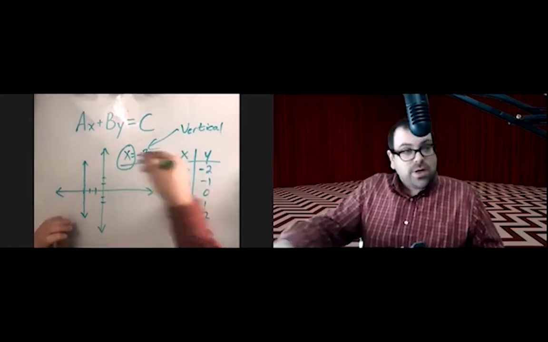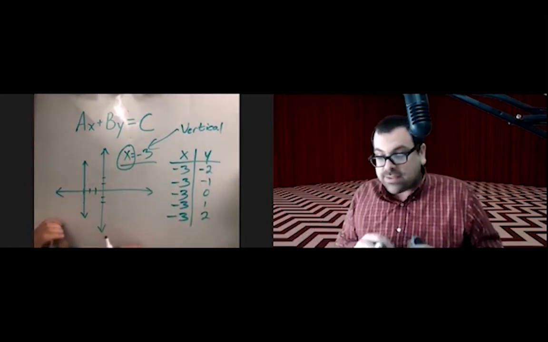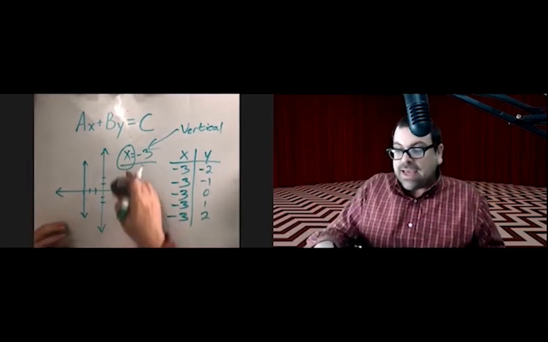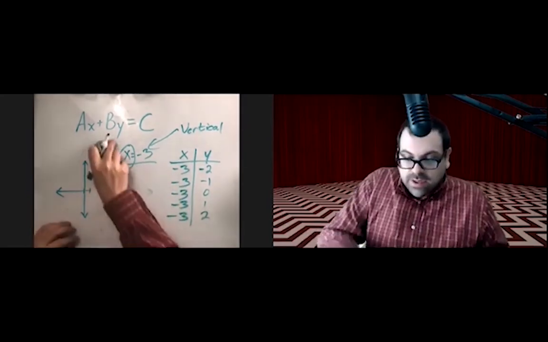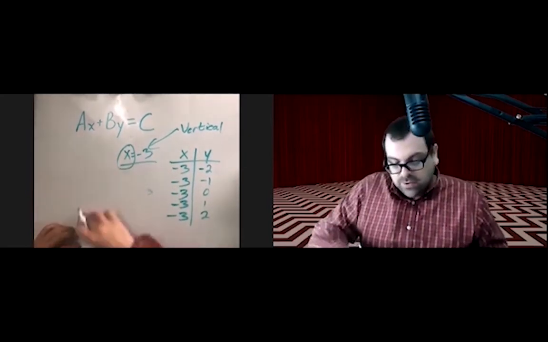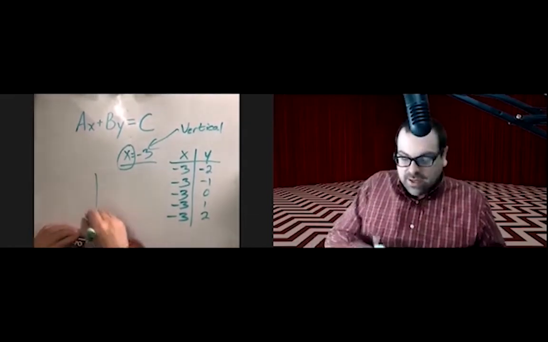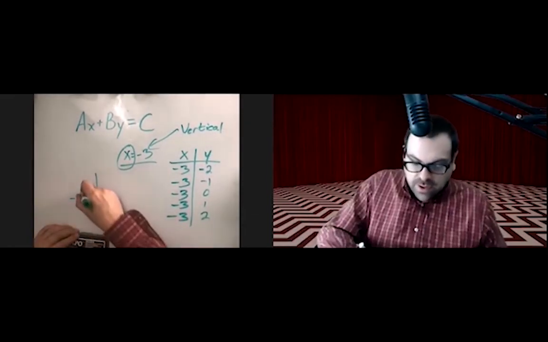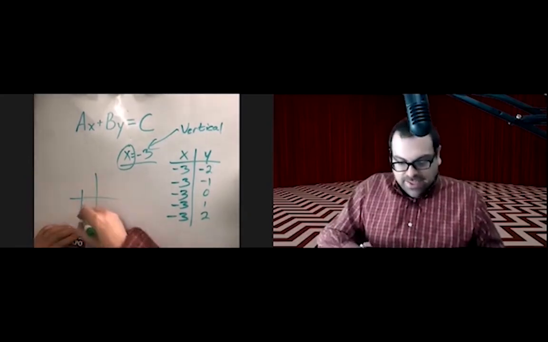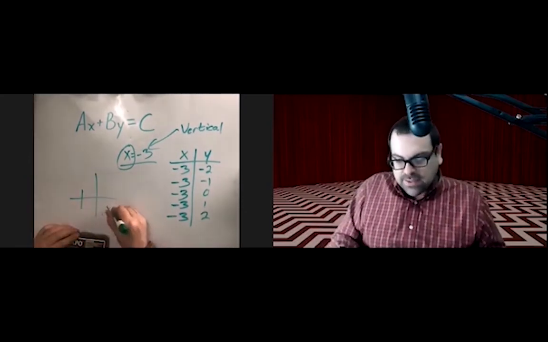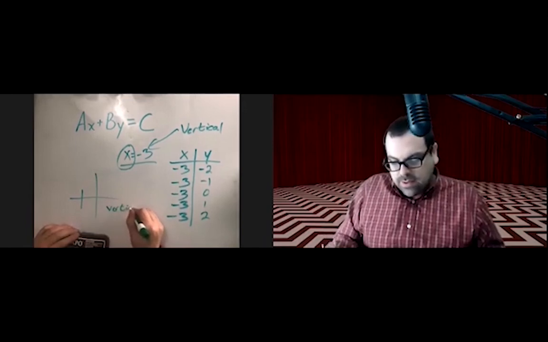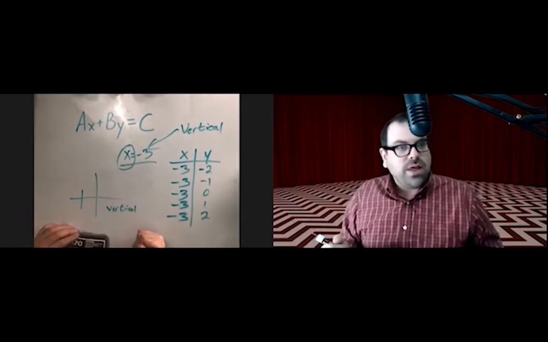Y equals 2 passes through the y axis. So if I see x equals a number and I'm asked, is that a horizontal or a vertical line? All I have to do is think x equals a number, passes through the x axis, which means it is a vertical line.